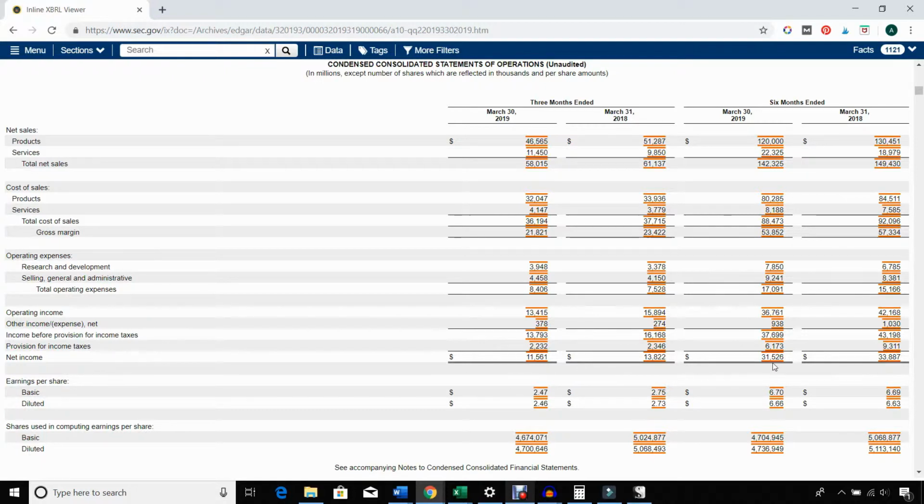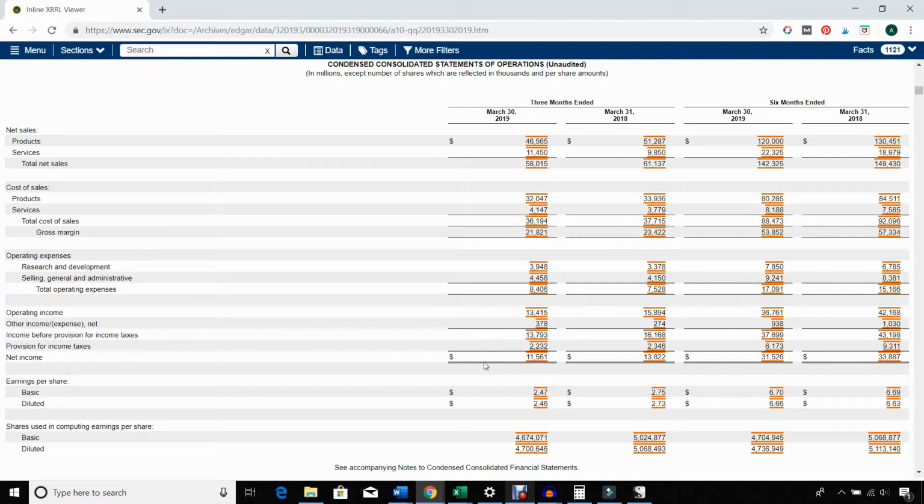The last thing that you'll see on the income statement is earnings per share, also known as EPS. Net income just basically expresses the profit of the company on an absolute basis, so it's 11.6 billion in 2019.